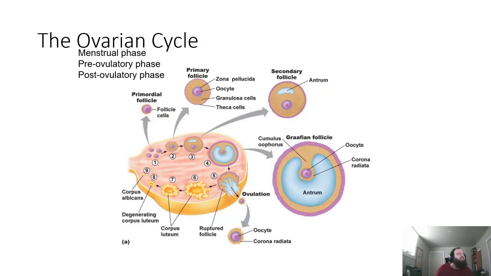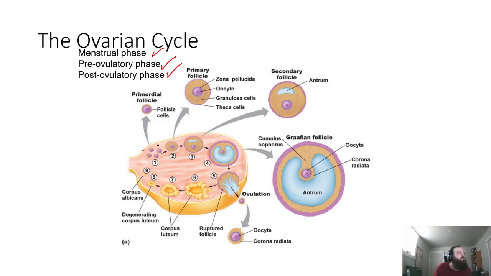The ovarian cycle is a little bit more complicated, but it can also be broken down into a menstrual phase, a pre-ovulatory phase, and a post-ovulatory phase. The pre-ovulatory phase is what initiates the development of primary follicles into the secondary follicle. By 6 days, so almost a week, one of the secondary follicles will become dominant and start secreting a large amount of estrogens.